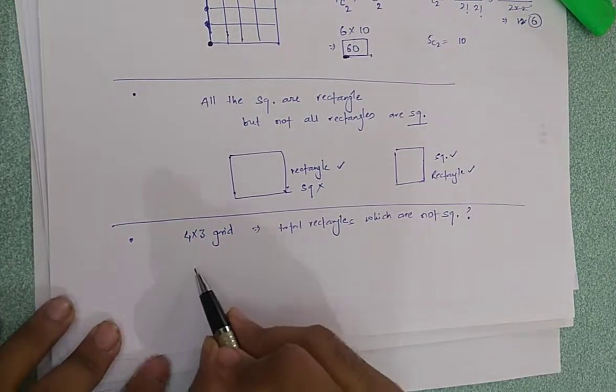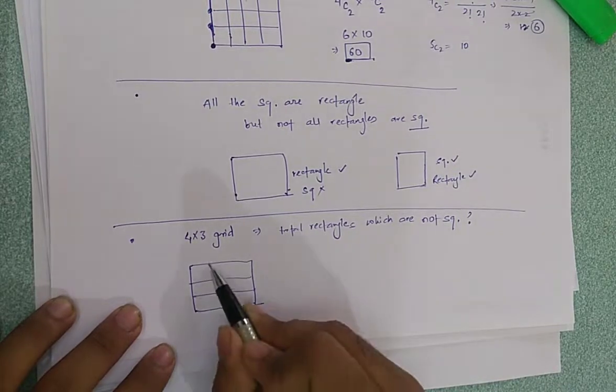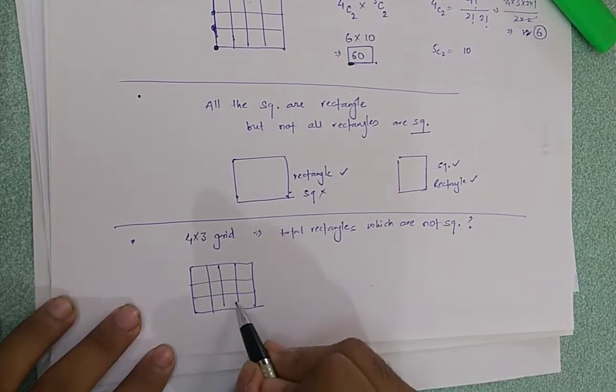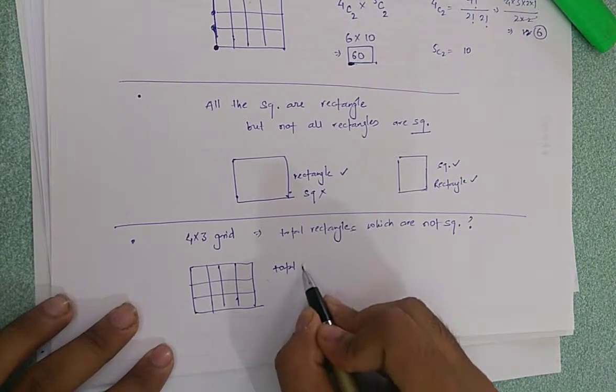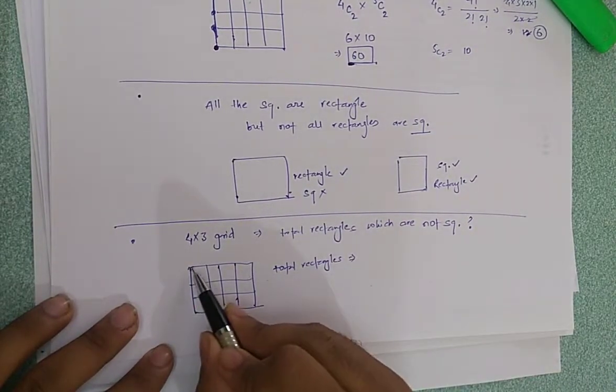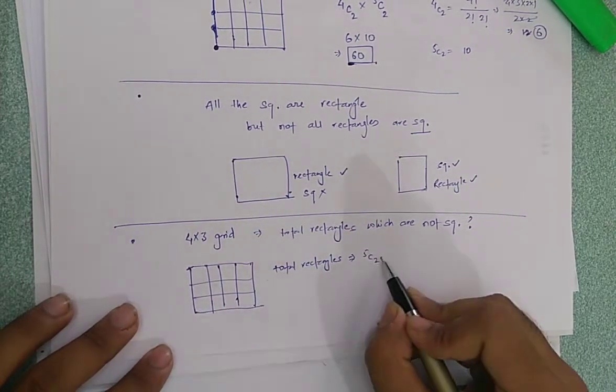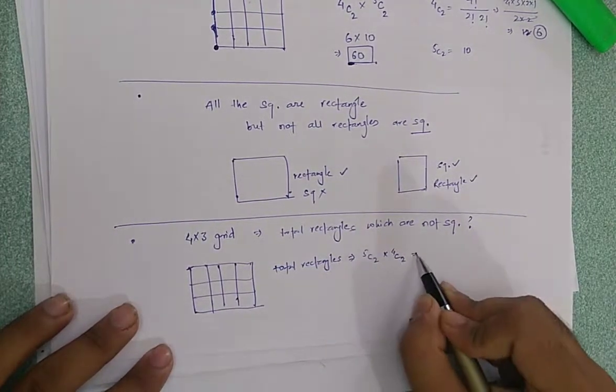So what we'll do? We'll find the total number of rectangles here. Total rectangles are 5C2 into 4C2.